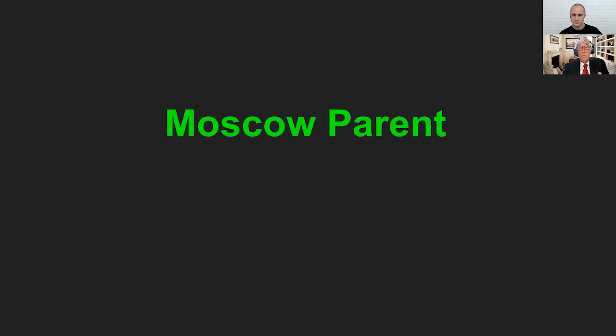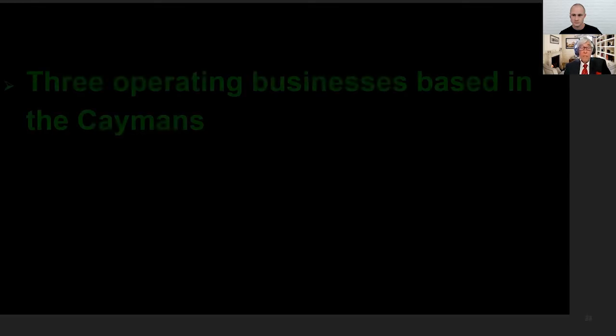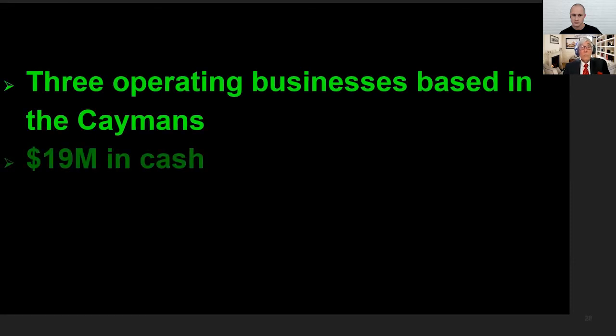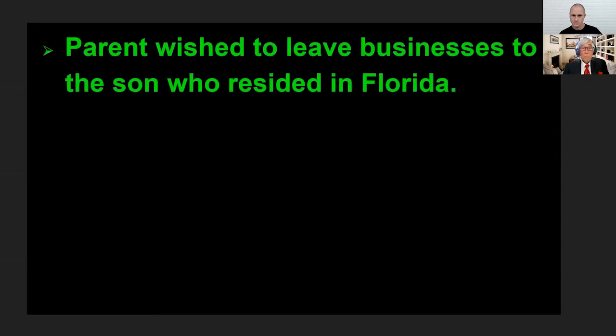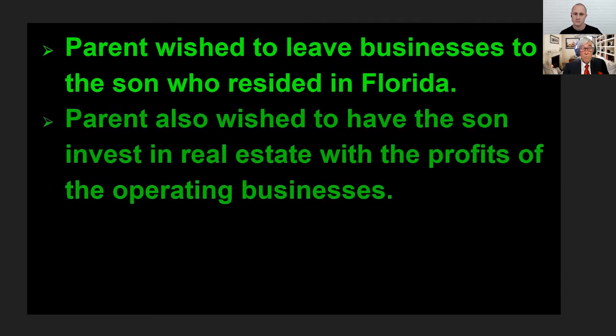So we start out with a Moscow parent. She had 3 operating businesses in the Caymans, 19 million in cash. We formed a holding company to operate her businesses. She wished her son, who resided in Florida, to have the operating businesses at her death.